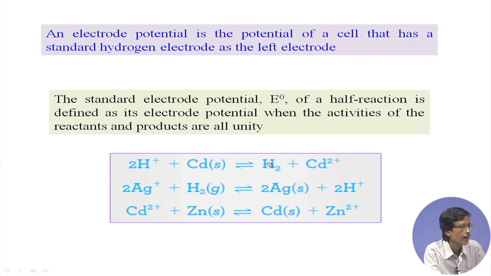This continues until we reach the equilibrium concentration. When equilibrium concentration is reached, H2 can further react with cadmium 2 plus, producing back solid cadmium and the hydrogen ion, but that is not happening when we are away from the equilibrium situation.